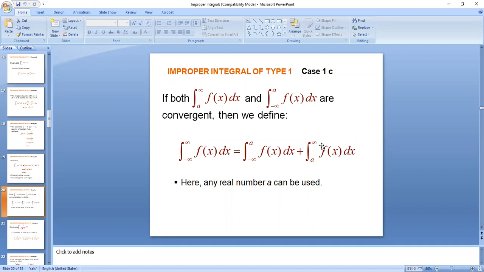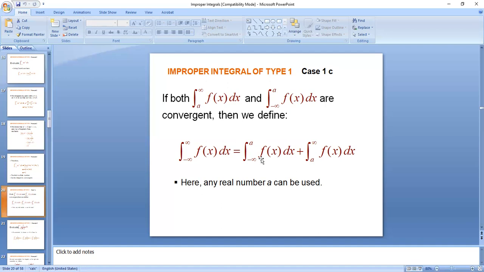To make things simple, it is suggested as well that for this A, or for any letter that you have chosen in between negative infinity and positive infinity, you make this 0. That way it would be easy to substitute later on compared to other real numbers.